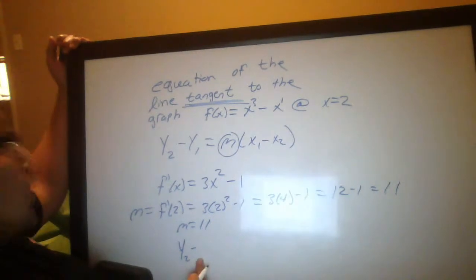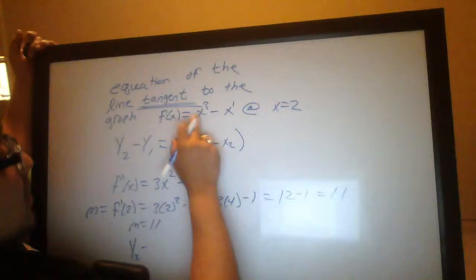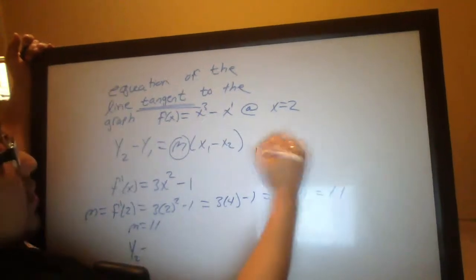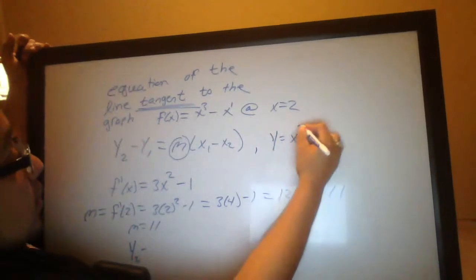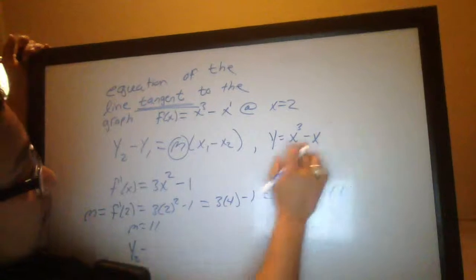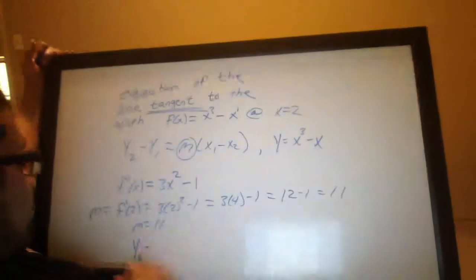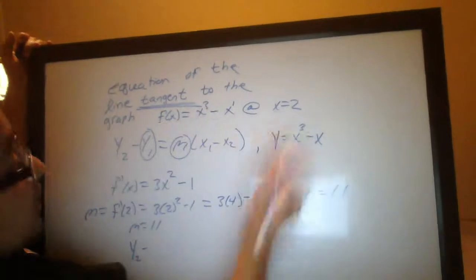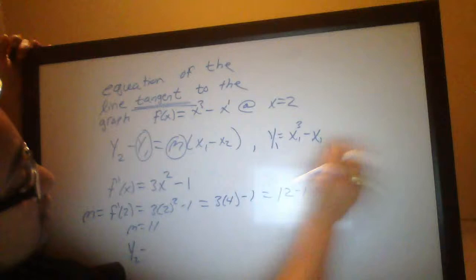In order to get y1, we have to plug into the original equation, y equals x cubed minus x. We plug in x equals 2 to find our y1. We don't know y1, we need to find it, and x1 is 2.